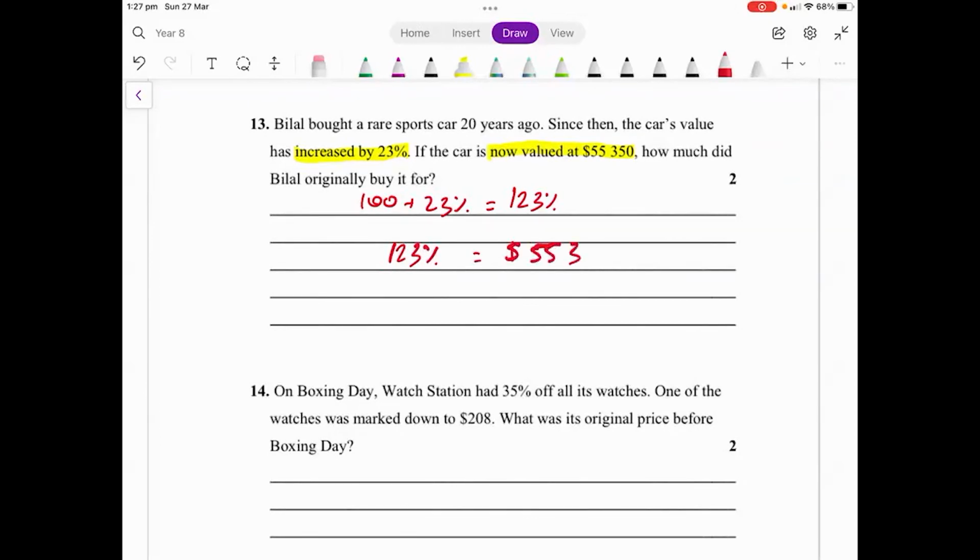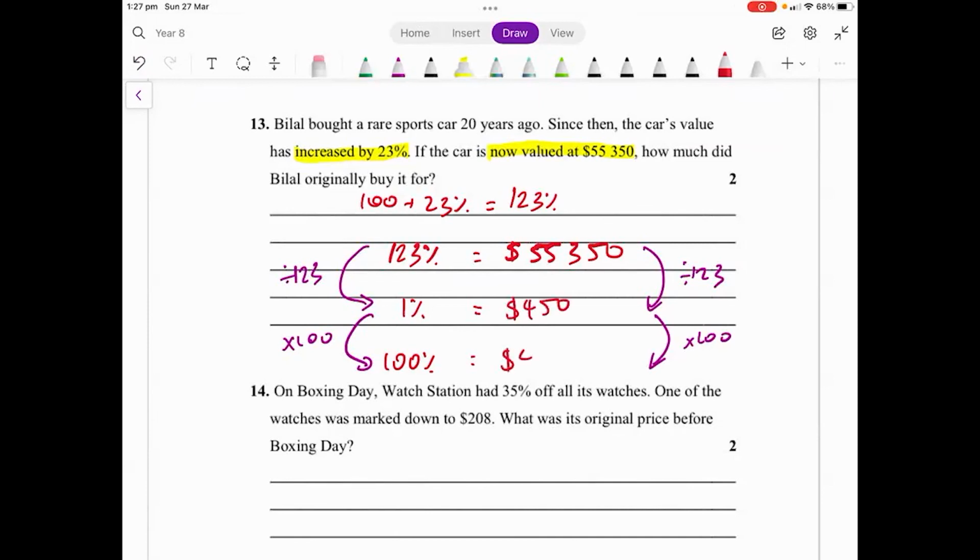So that's our first line. And that means that 123% is equal to 55,350. So we write that down. And because we need to find 100%, we use the unitary method. We find 1% first, so we divide by 123, and then we find 100%, so we multiply by 100.